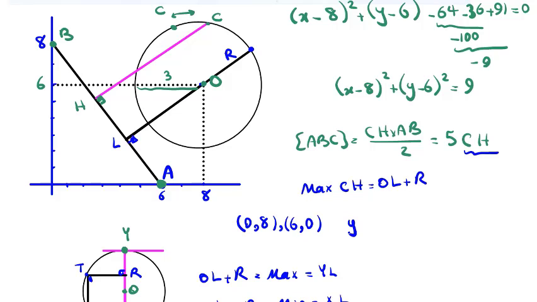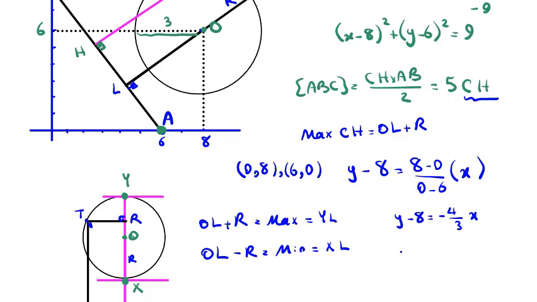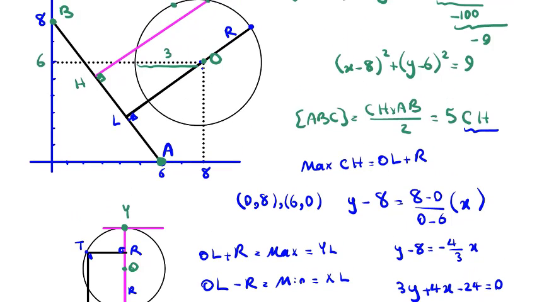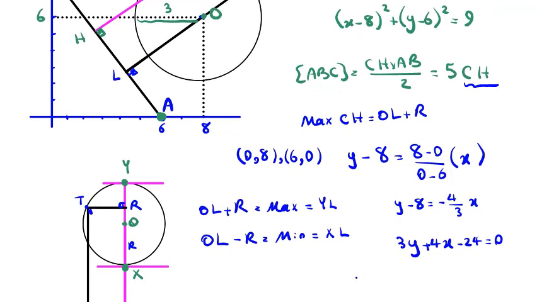At first we say y minus 8 equals the gradient, which is 8 minus 0 over 0 minus 6, times x minus 0. So it will be y minus 8 equals negative 4 over 3 x. Now if we multiply both sides by 3, it will be 3y plus 4x minus 24 equals 0. Now we want to find the distance of O. O is what? (8, 6).